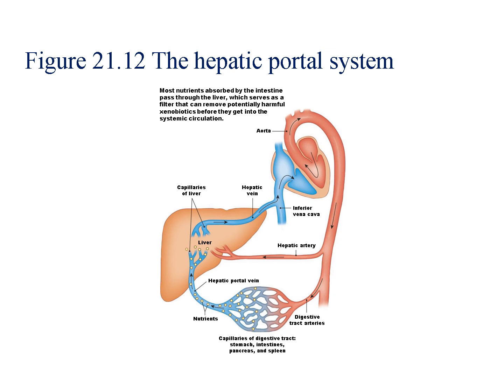When nutrients are absorbed in the small intestine, they do not immediately enter the systemic bloodstream. Instead, they are transported through capillaries in the digestive tract, which collect blood from the stomach, intestines, pancreas, and spleen. This nutrient-rich blood flows into the hepatic portal vein, which carries it directly to the liver.